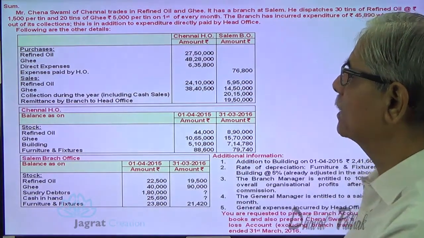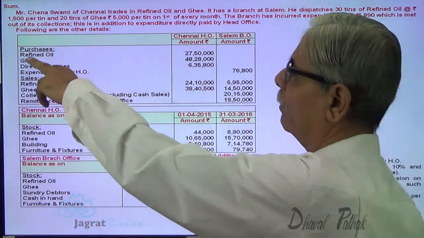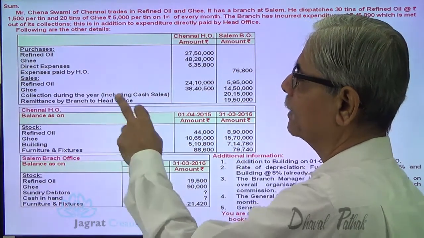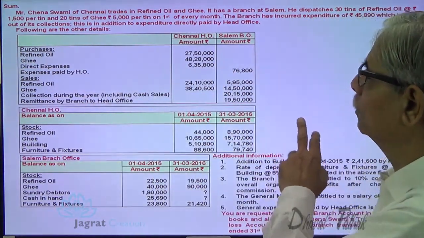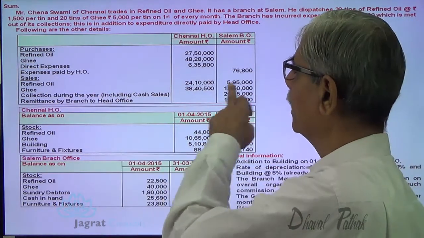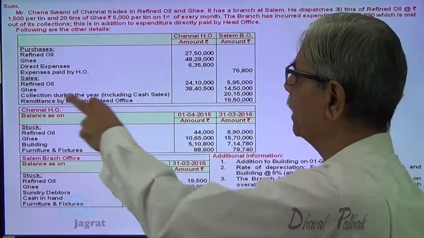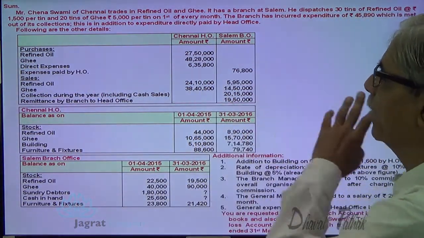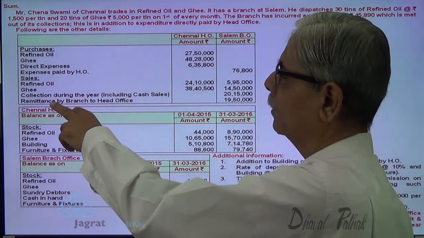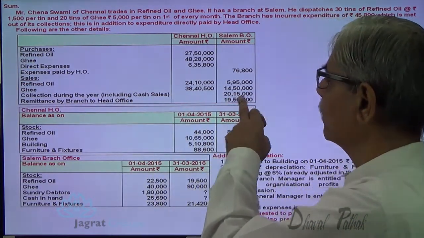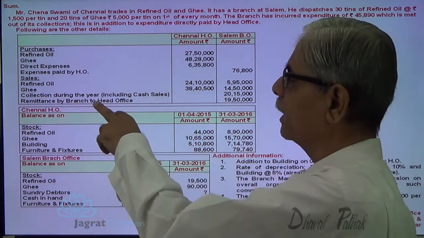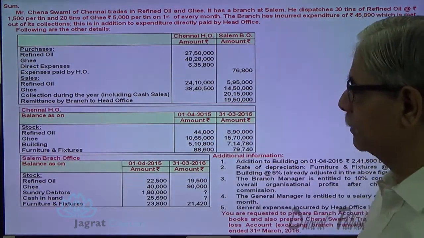Following are the other details: Chennai HO amounts, purchase of refined oil, ghee, expenses paid by HO, sales of refined oil at HO and at branch, ghee sales at HO and at branch, collection during the year including cash sales 20,15,000, remittance by branch to HO 19,50,000.